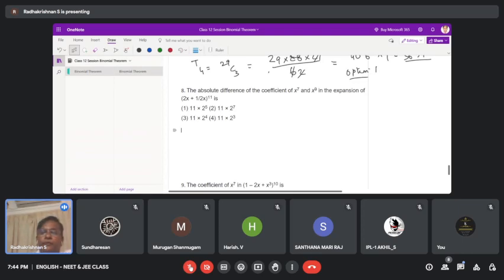So, absolute difference of the coefficient of x power 7 and x power 9 in the expansion of (2x + 1/2x) whole to the power of 11.